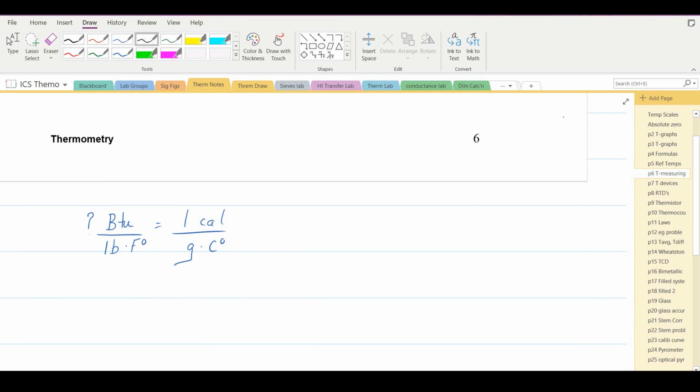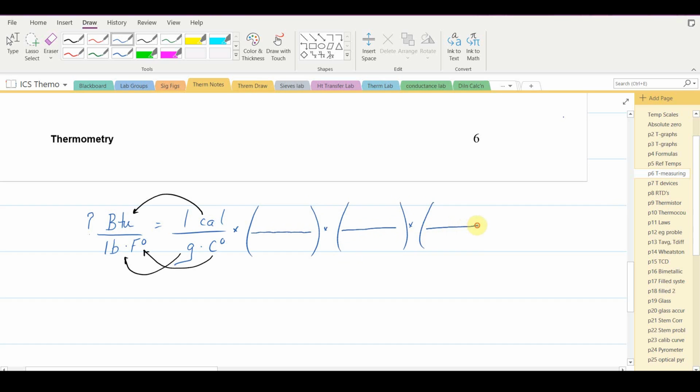So we want to convert calories to BTUs, grams to pounds, and Celsius degrees to Fahrenheit degrees, which means we're going to need 3 conversion factors. And we want to wind up in units of BTUs per pound Fahrenheit degree.